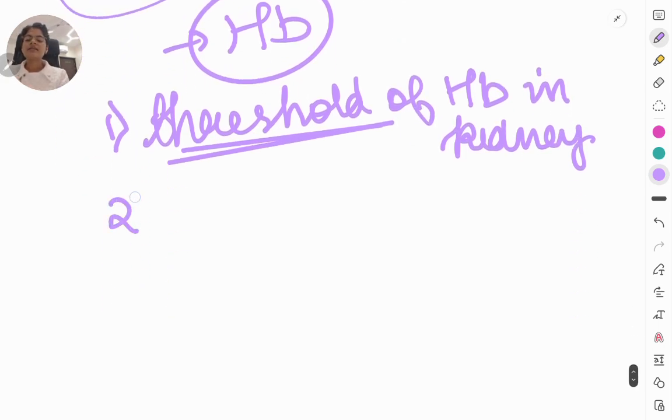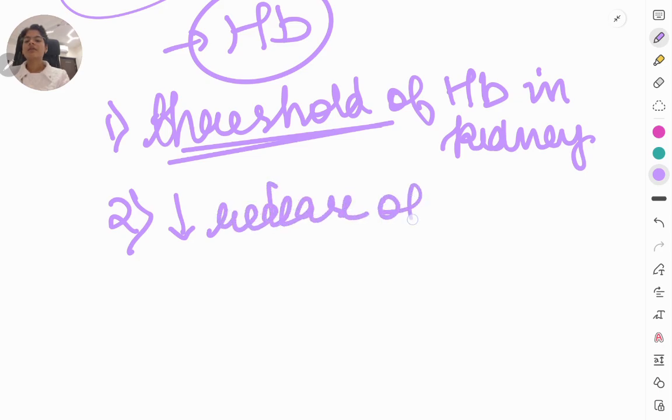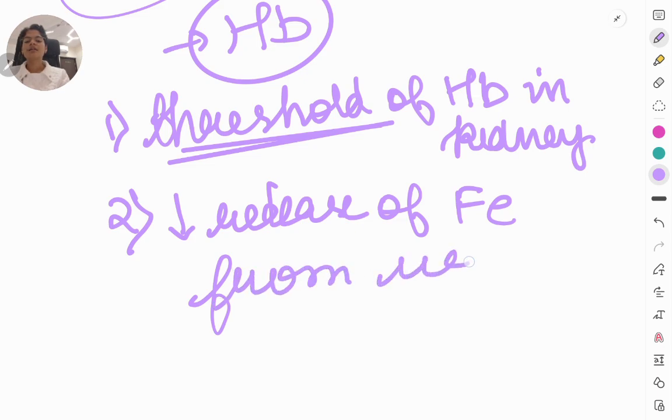All the points about hemoglobin relate to the kidney. It also decreases the loss of iron. Third, it prevents damage to the kidney from hemoglobin.